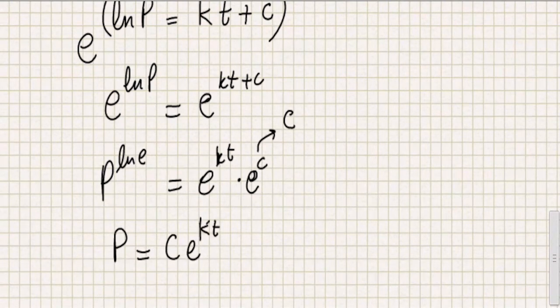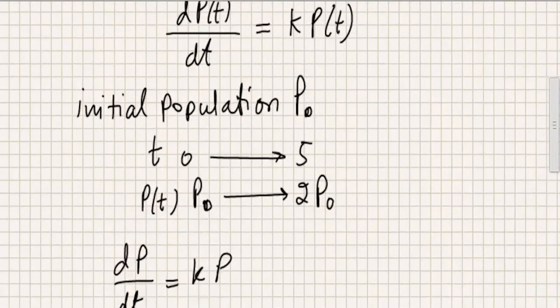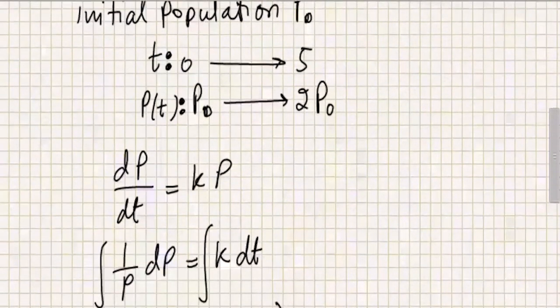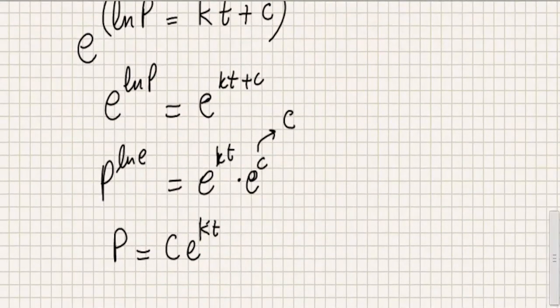So this is the equation, and you must have noticed that in this equation we have two unknowns. The first unknown is C and the second unknown is k, and we are given some information which we had written over here. So let's use this information to find the values of C and k.